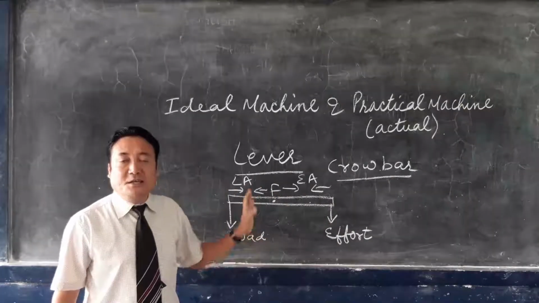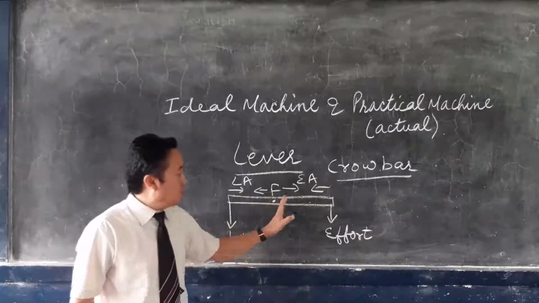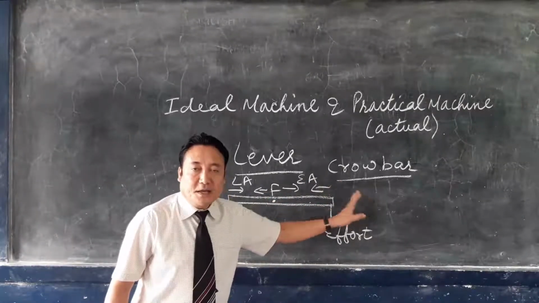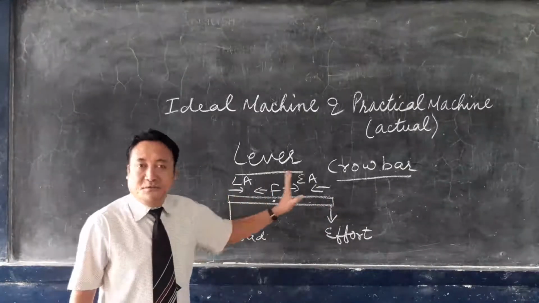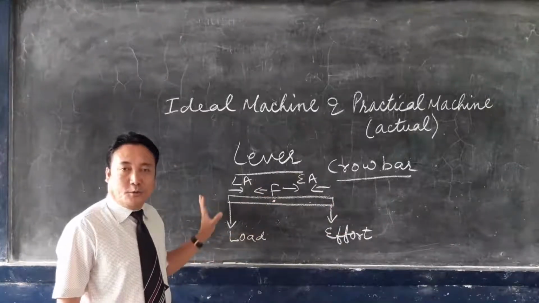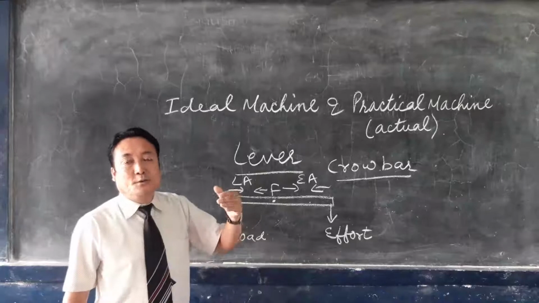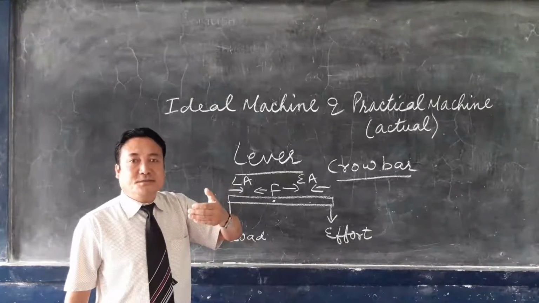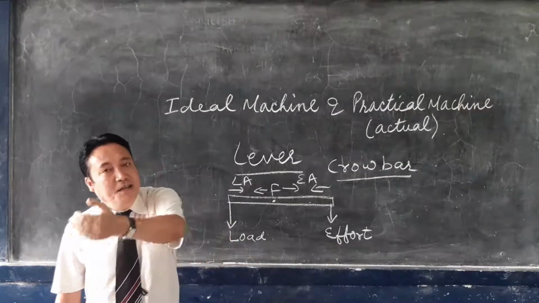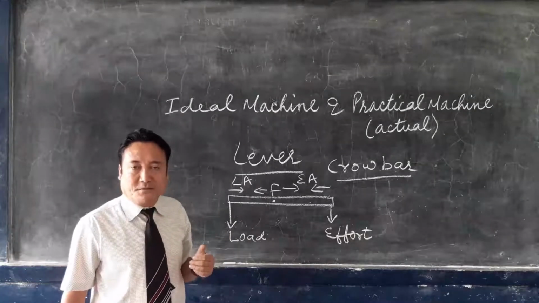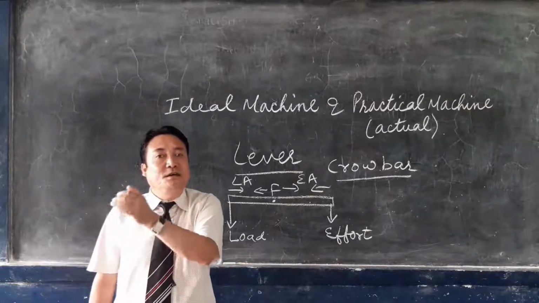If the effort arm is more, that means the distance from the fulcrum to the effort is more and the distance from the fulcrum to the load is less, that means the load is very near to the fulcrum and the effort is very far away from the fulcrum, so it becomes easy to lift a load.